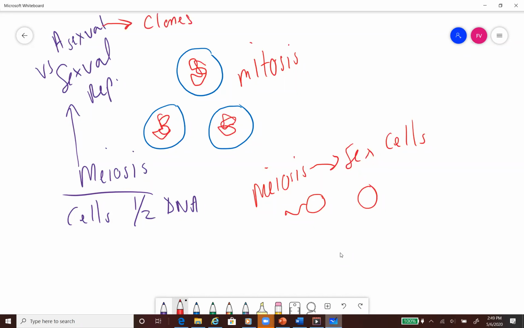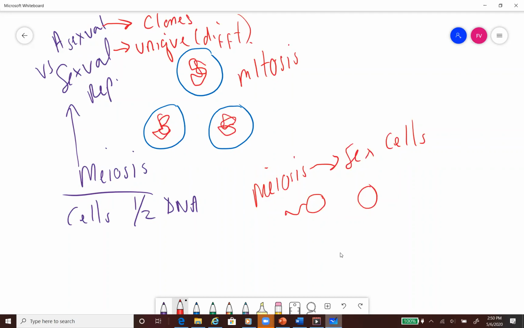I guess you can say mitosis is like that, because in mitosis, you're making clones, right? The cells are identical. But in sexual reproduction, you don't make clones. You produce unique, different offspring, right? Unless you're identical twins, your brother or sister from the same set of parents is not the same, because you're producing a unique set of DNA in that organism.